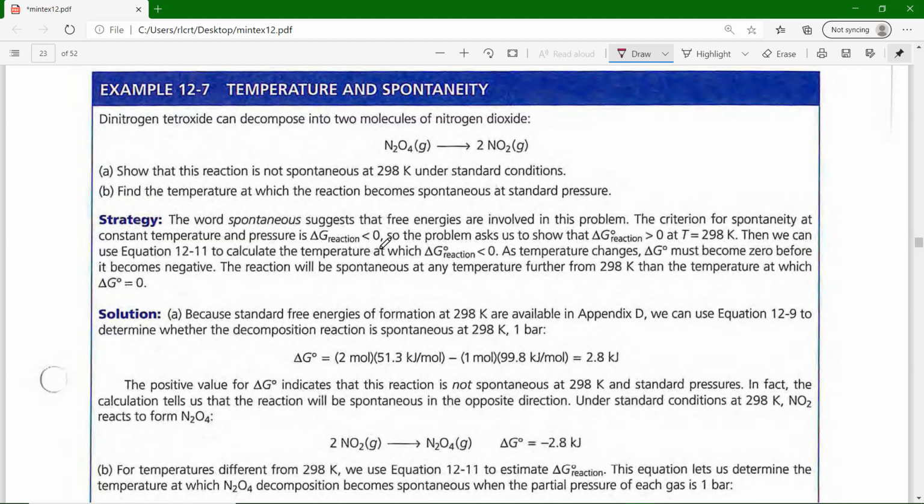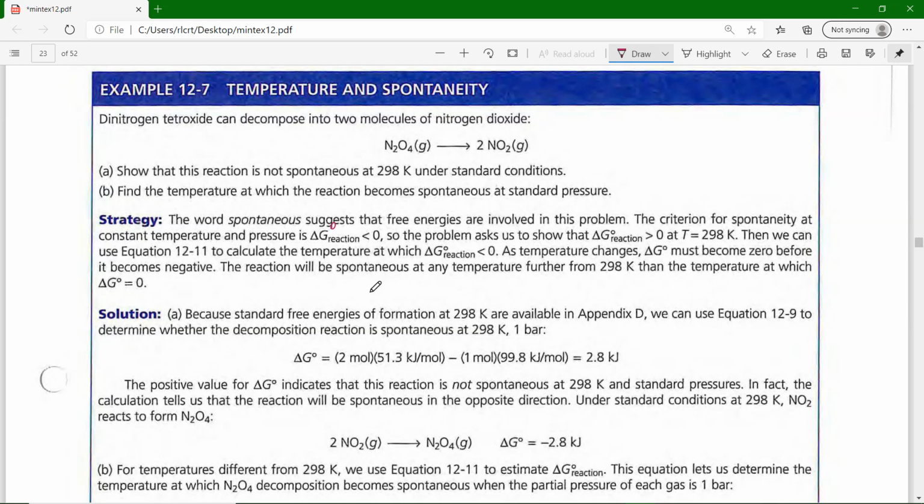And we want to see, is my delta G going to be less than 0? This is standard conditions, so delta G naught of the reaction is less than 0. As temperature changes, delta G naught must become 0 before it becomes negative. So in part B, we're going to find the temperature where it does become spontaneous. So I guess that it is non-spontaneous at first.